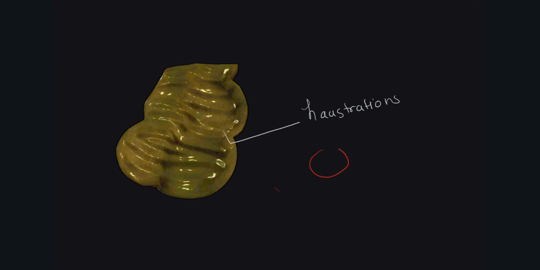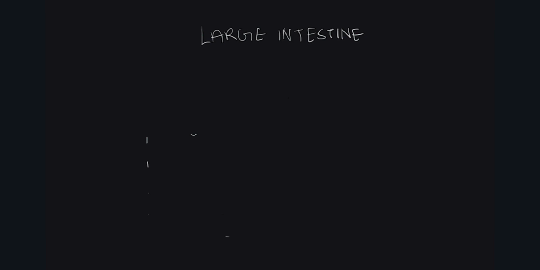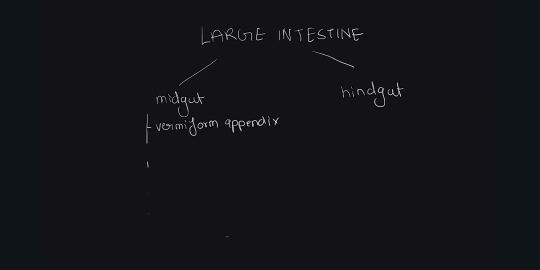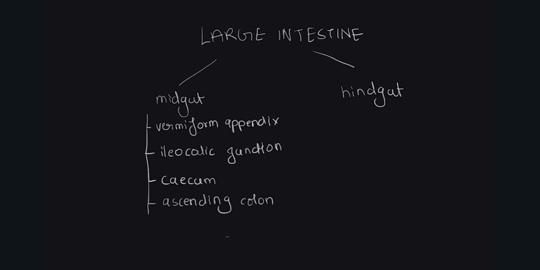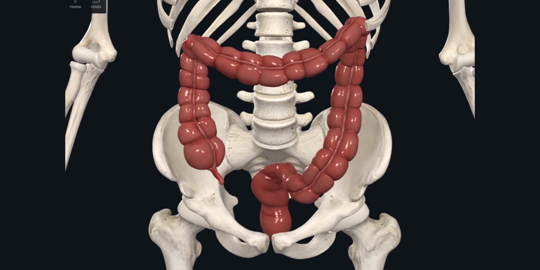The circles are never complete, but rather they are semicircular and they are found throughout the length of the large intestinal tract. The large intestine is divided into the midgut and the hindgut. The midgut is further divided into the vermiform appendix, then we have the ileocecal junction, then the cecum, then the ascending colon, and lastly the hepatic flexure and the transverse colon.